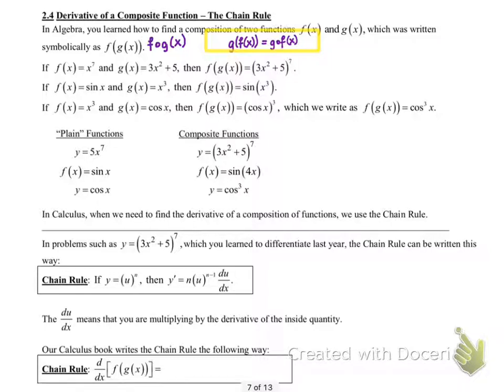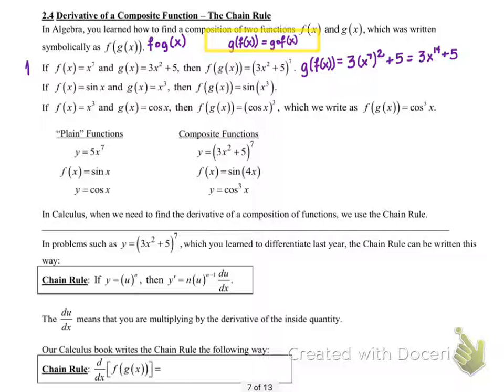So here in this first example, you see an example of f of g of x, and next to it I'm going to write the g of f of x. So pretty straightforward stuff. Again, f of g of x and g of f of x will rarely be the same thing.